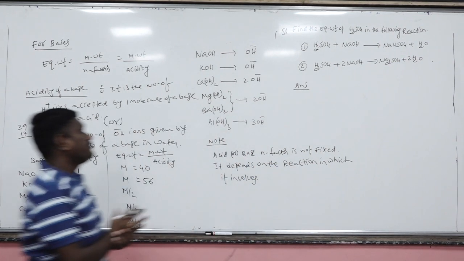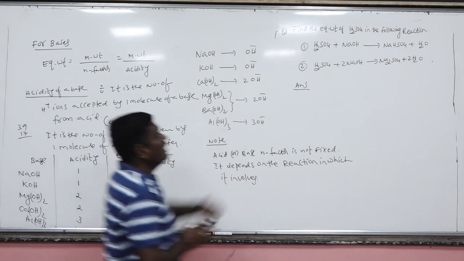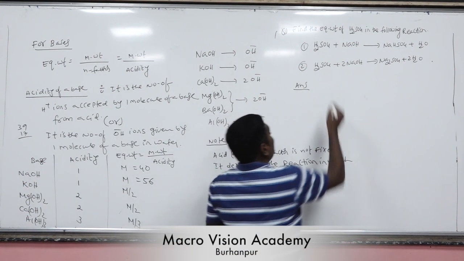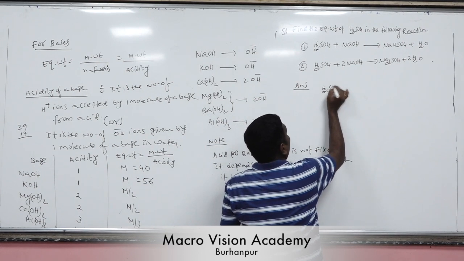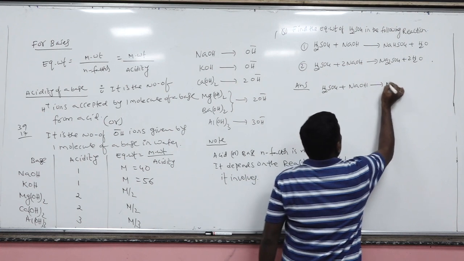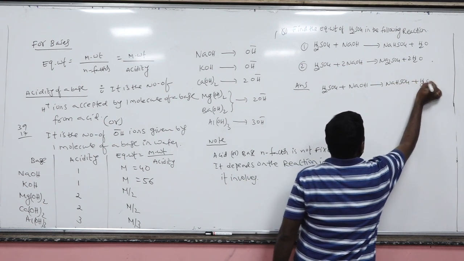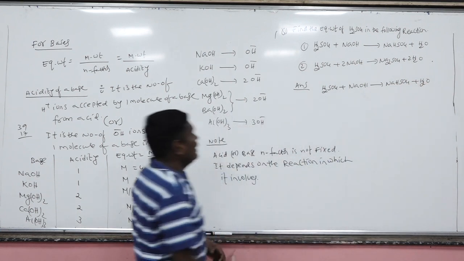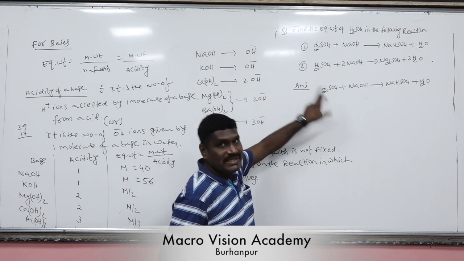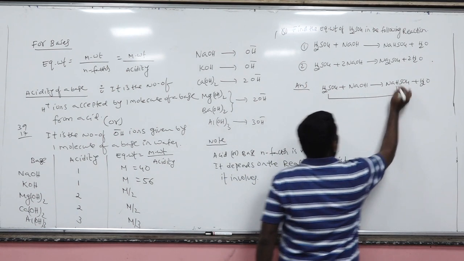For sulfuric acid, first of all, we have to find the n factor. Once we know the n factor, we can find the equivalent mass. Now, in the first case, sulfuric acid reacts with NaOH to give sodium hydrogen sulfate and H2O. Generally, we expect the basicity is 2, so n factor is 2, but here it is 1.